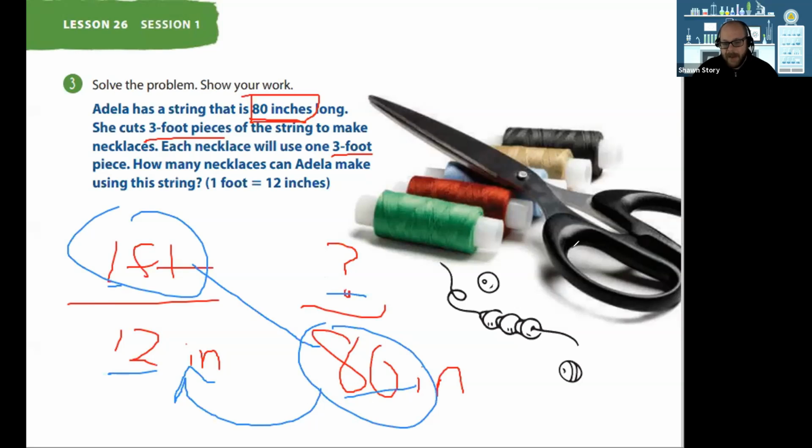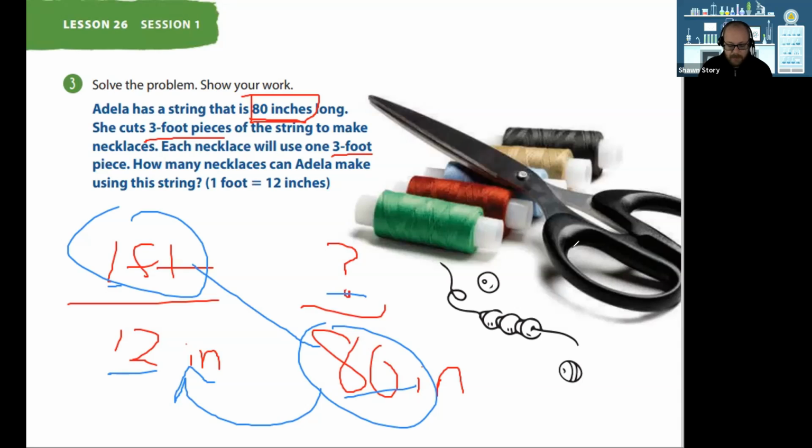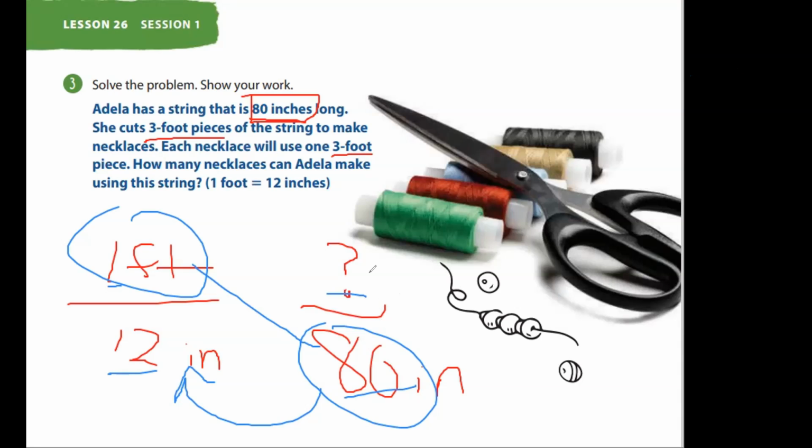What math do I put in the calculator? So 80 divided by 12? Yep, 80 divided by 12. And what do we get in our calculators? 6.67.